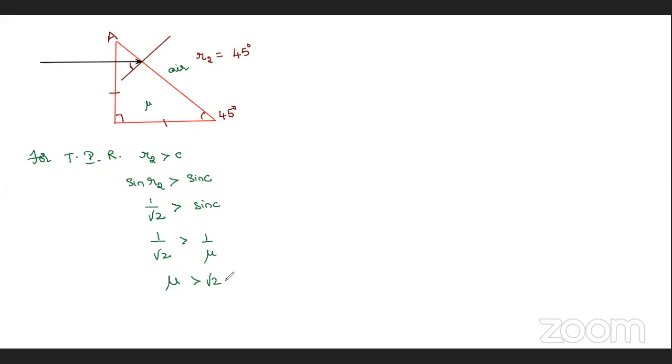Here exactly we stopped. If it is an isosceles prism and mu equals root 2, then the light grazes the hypotenuse. Today I am taking mu greater than root 2. Then TIR will take place.